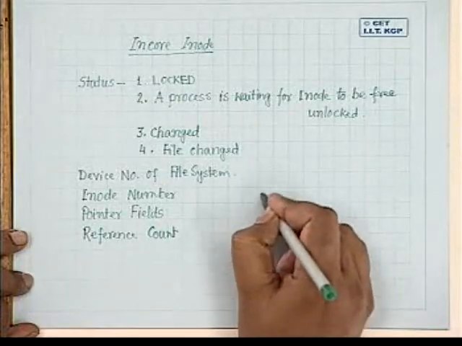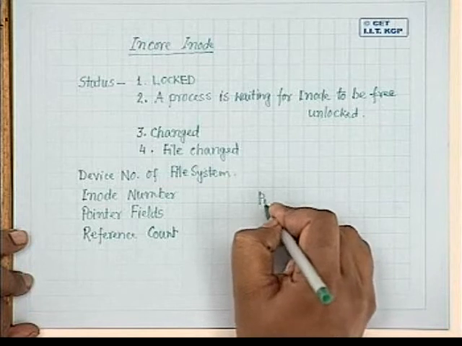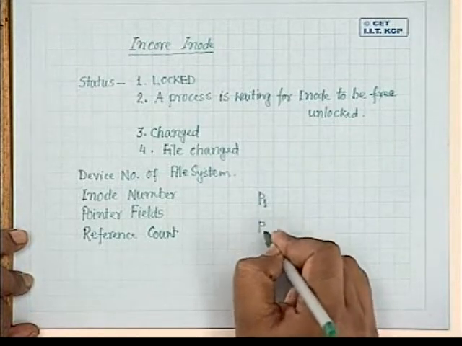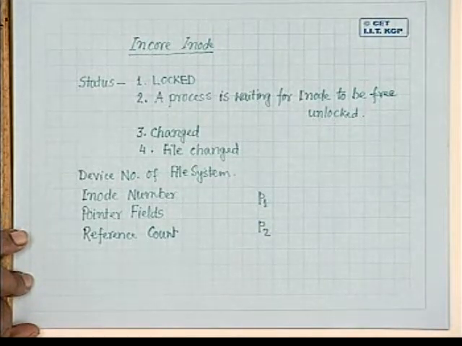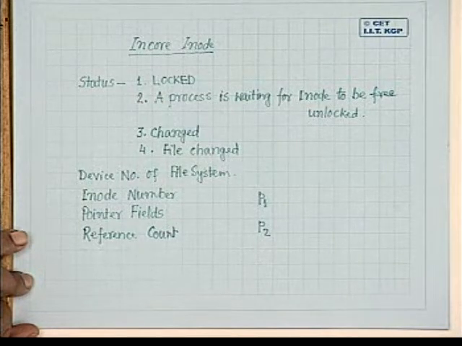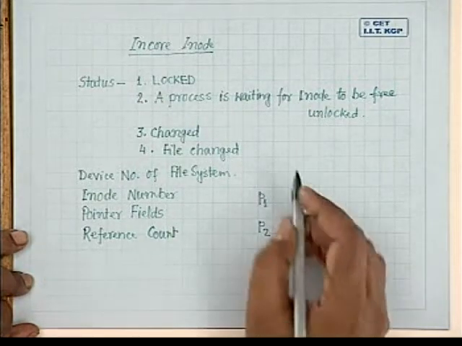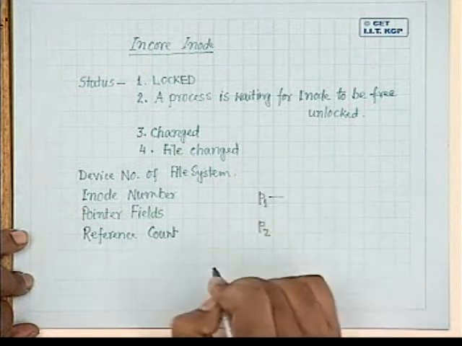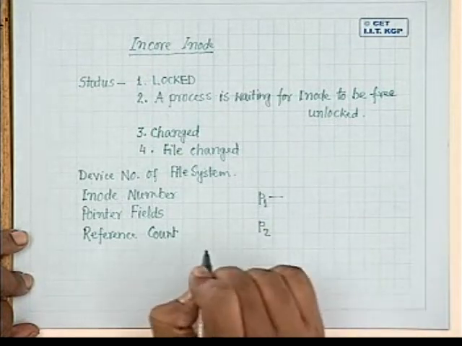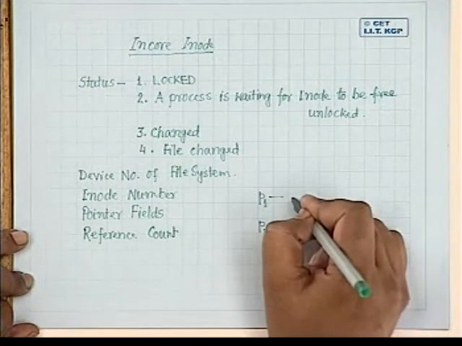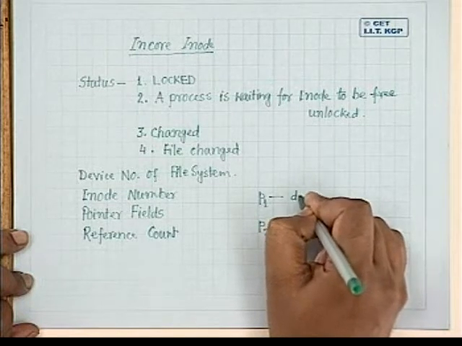Lock means another process can't access it until and unless it is unlocked. Say I have two processes, a process P1 and process P2, who have opened the same file. Now suppose process P1 wants to read a particular character, say at an offset D1 from the file.